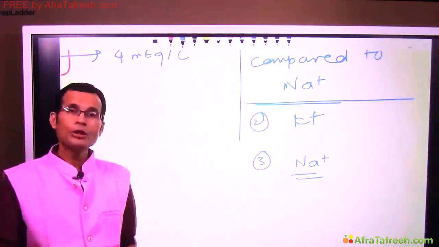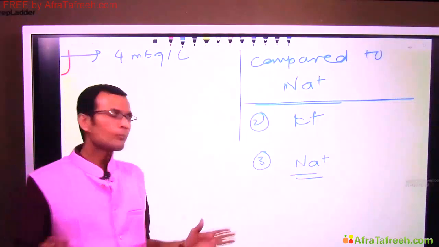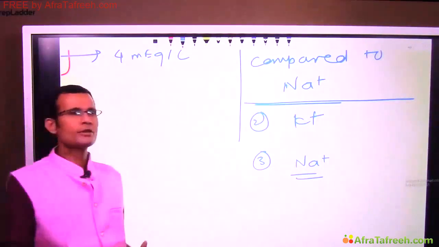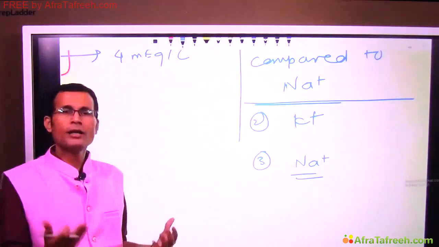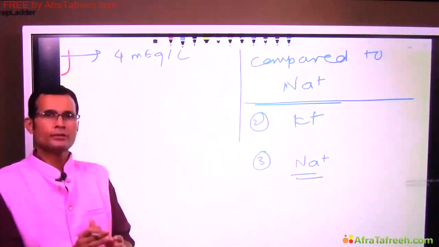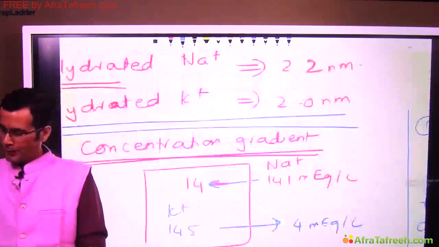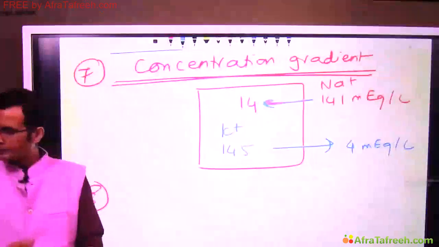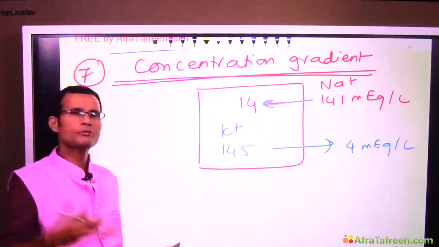That time sodium takes precedence over potassium. This is just a play of words, and to answer the MCQ we need to look at the words carefully sometimes. Right, that was the next factor, concentration gradient. But just remember, potassium diffusion rate is faster.